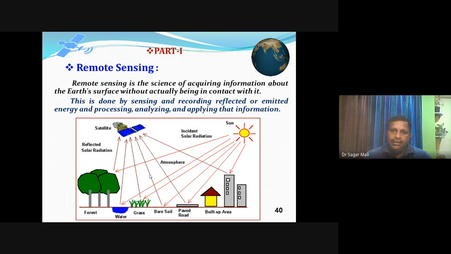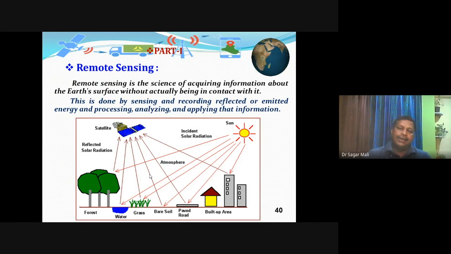There will be absorption, reflection and transmission, and then the signals reach the earth surface. They interact with the various objects on the earth surface. Each object interacts differently with the radiation. Before interacting, the journey of the radiation from the sun to the earth surface is called insolation, or incoming solar radiation.